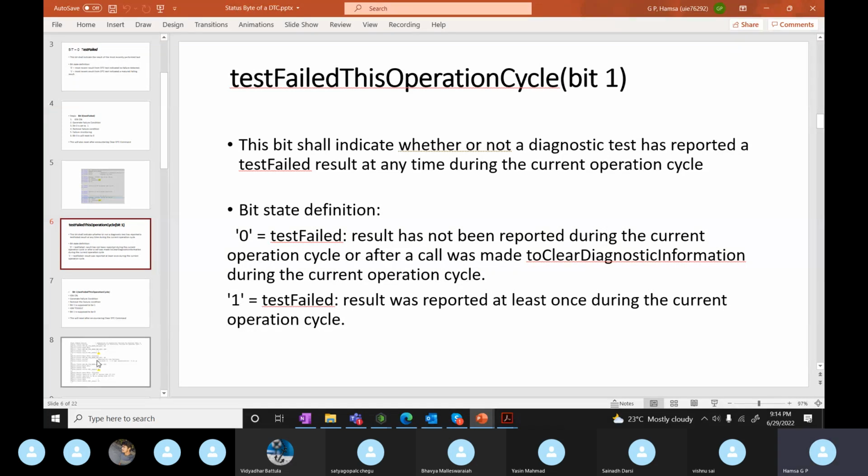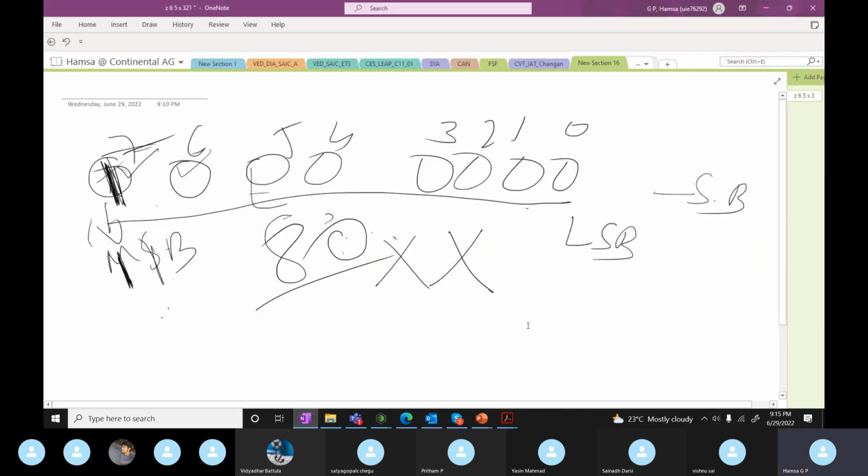So what does operation cycle mean? It's all about how, as a driver, he operates, right?